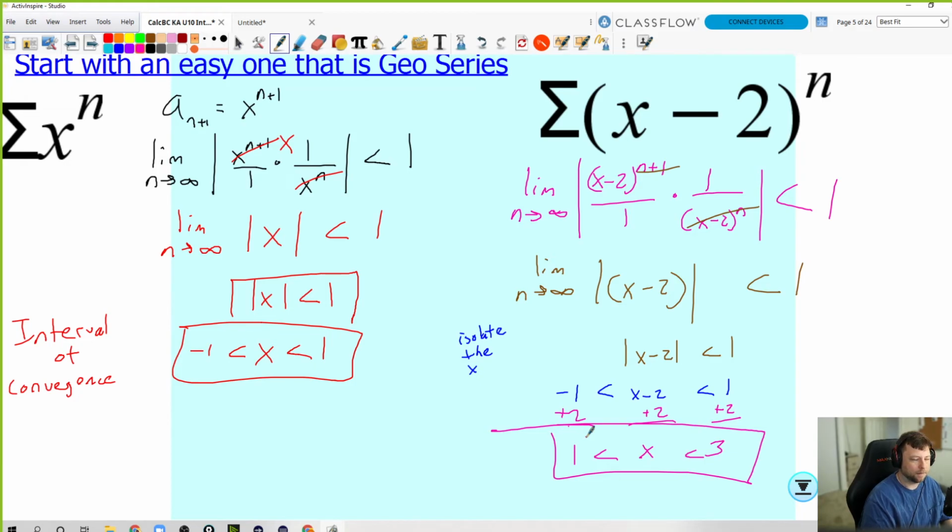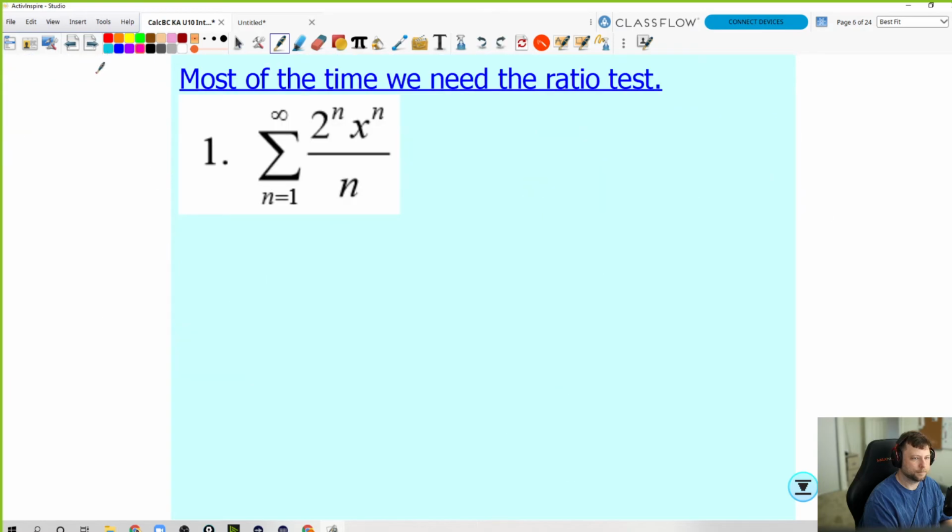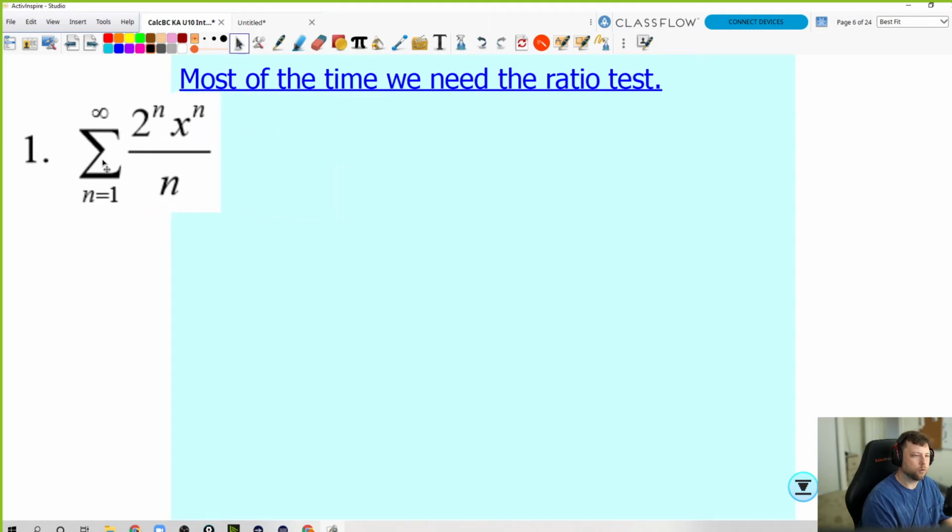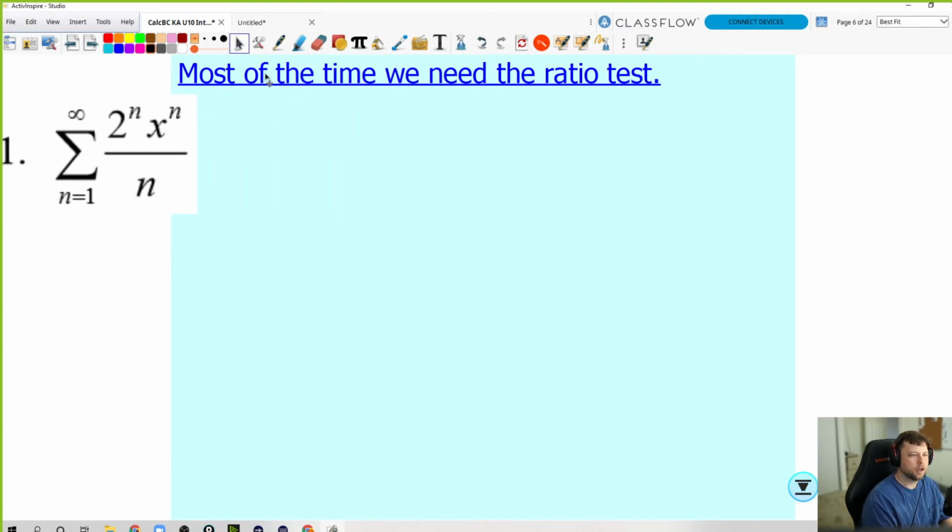All right. Now I want to kick this up a little bit. Okay, let's say it's a little bit more complicated, right? I didn't need the ratio test in those past ones.